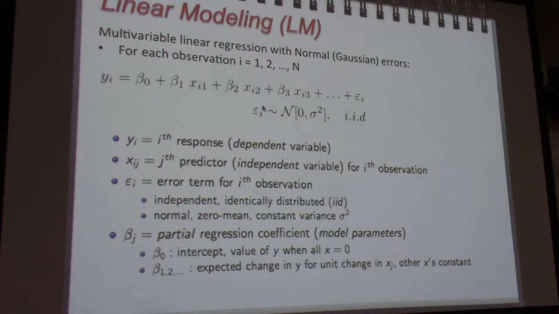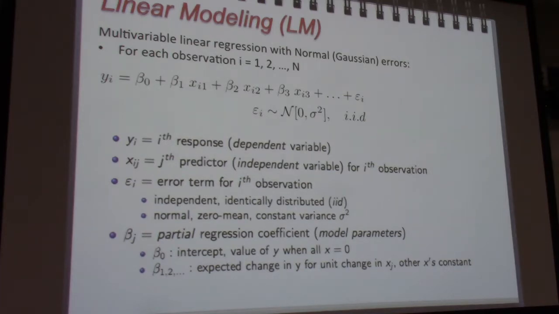For each observation, there's also an error term, usually called epsilon. For the standard linear model, epsilon is assumed to be normally distributed with a mean of 0 and a constant variance of sigma squared. We call that the IID assumption, which is just independent, identically distributed, in this case with a normal distribution.